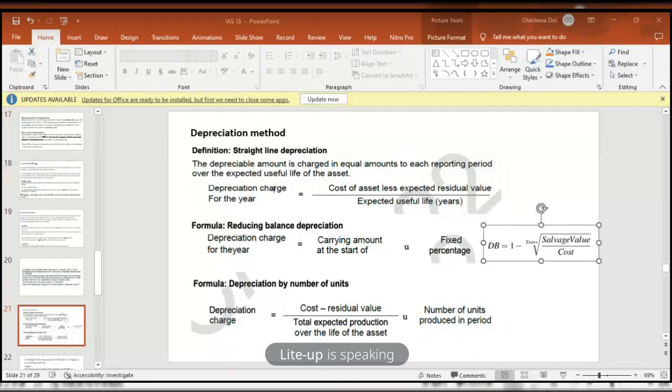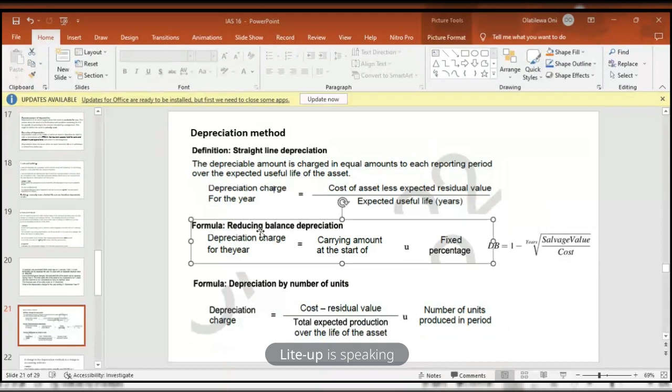The formula for reducing balance method here has residual value, reducing carrying amount, and you can see here is where residual value comes into play. But when you're using reducing balance method, you just charge depreciation on cost. You remove the depreciation charge from the opening value. You charge depreciation on the carrying amount like that. That is how that is done.